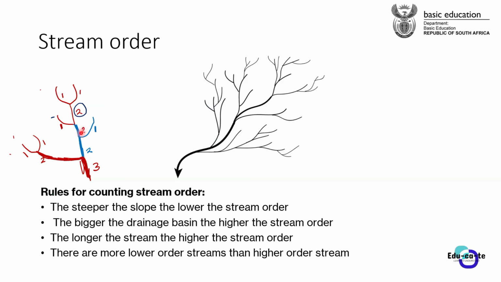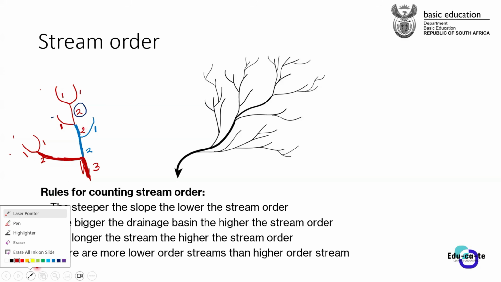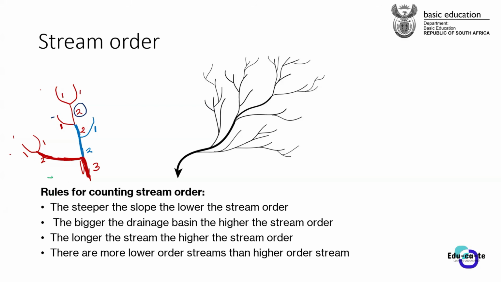Okay? What if I combine 3 and 2? What do you think would happen? Let's say I've got a stream painted in green. It's going to be a second order stream. It means that it has been made up of 2 first order streams, 1, 1.